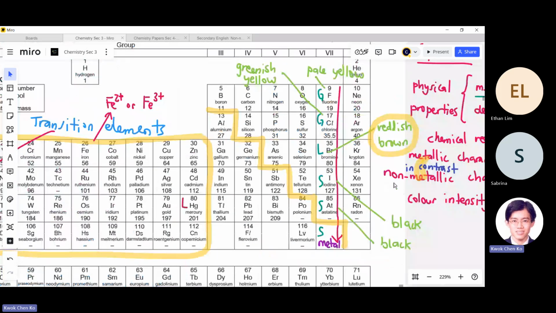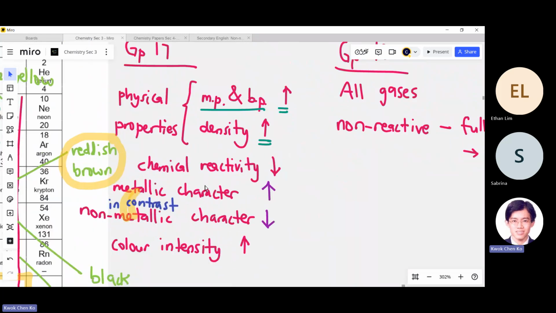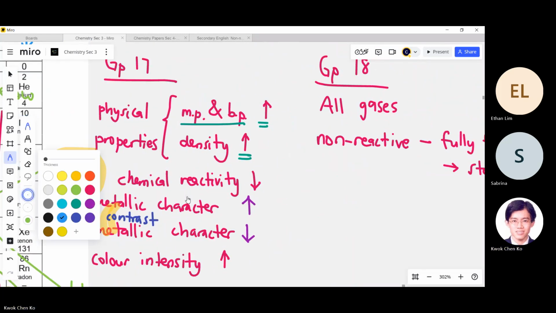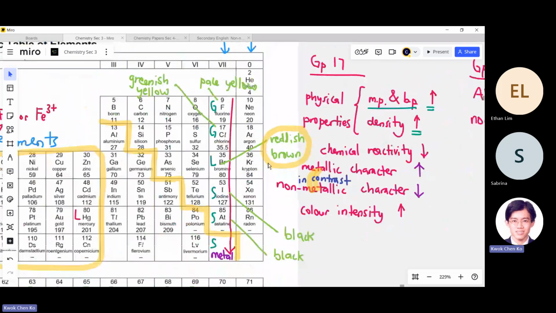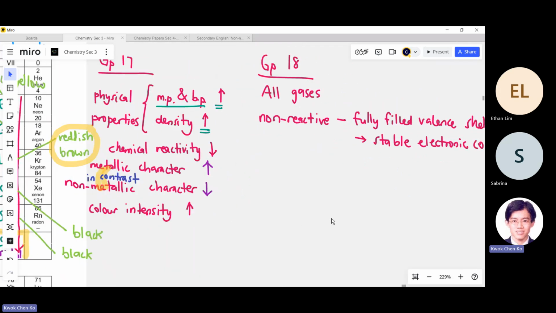Just now we were looking at metals, but look at group 17: 1, 2, 3, 4, 5 are non-metals. Only the last one at the bottom, if you can even find it in the world, is a metal. So I can have an alternative definition.